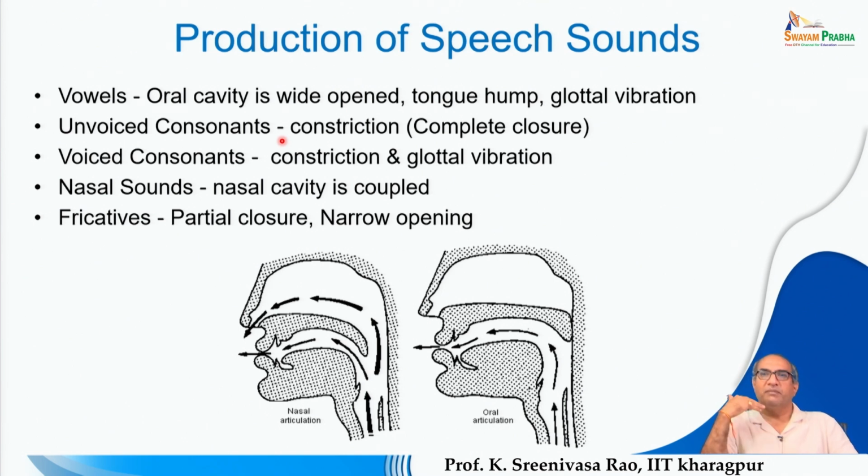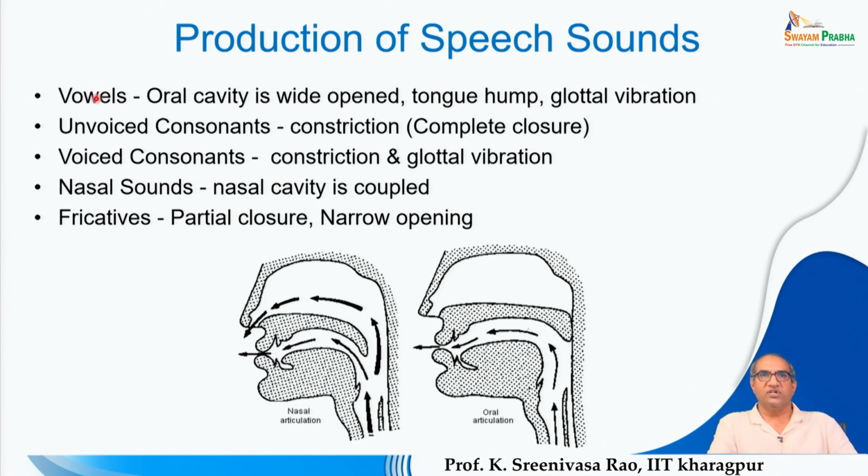So by restricting the air at different places, by providing a constriction, the release of that constriction acts as excitation. The air is blocked till that point, and the sudden release acts like a noisy excitation, which is responsible for the sound units I just mentioned.